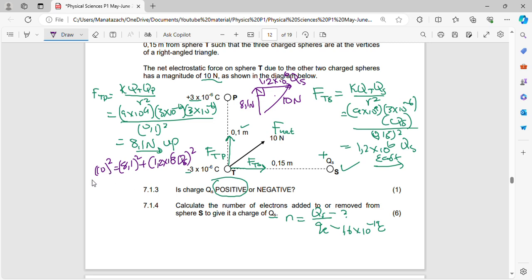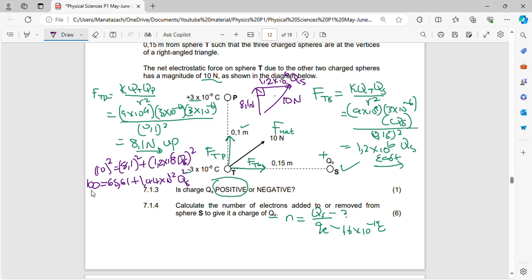Then here 10 squared is 100, 8,1 squared gives me 65,61. Then 1,2 times 10 exponent 6 squared will give me 1,44 times 10 exponent 12 QS squared. Don't forget to square the QS.